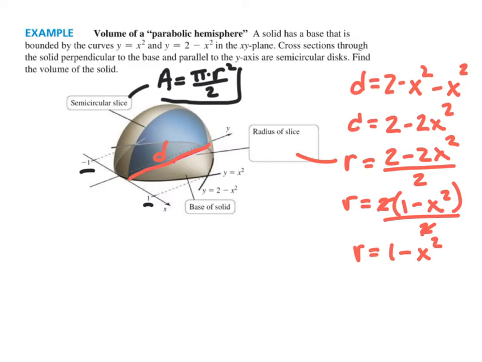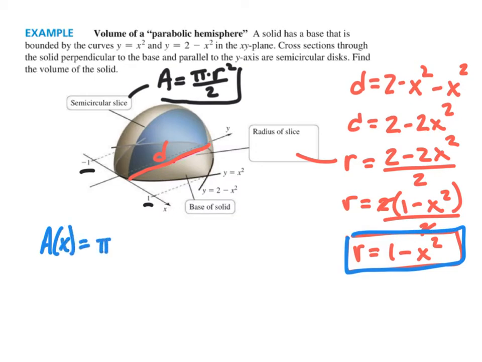So that's my radius, and now I want to come up with a formula for a half circle depending on this radius for my cross section. I get pi times my radius, the quantity 1 minus x squared, quantity squared, divided by 2.